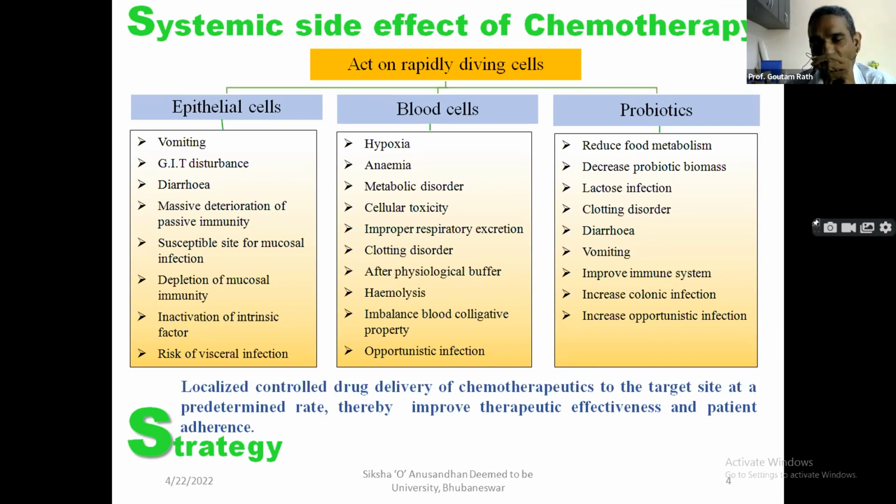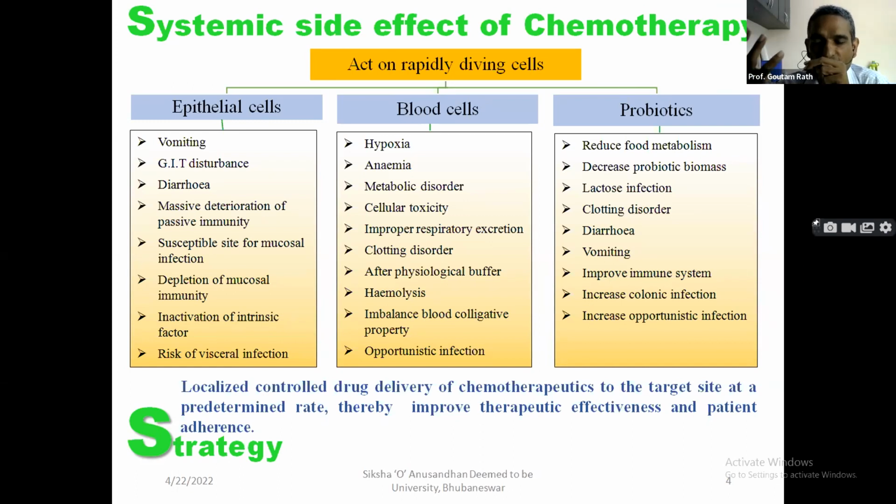After 21 days, the new cells replace the old cells. That means the epithelial cells of GIT multiply at a rapid pace, and anti-cancer drugs can kill those cells, and that results in GIT disturbance.